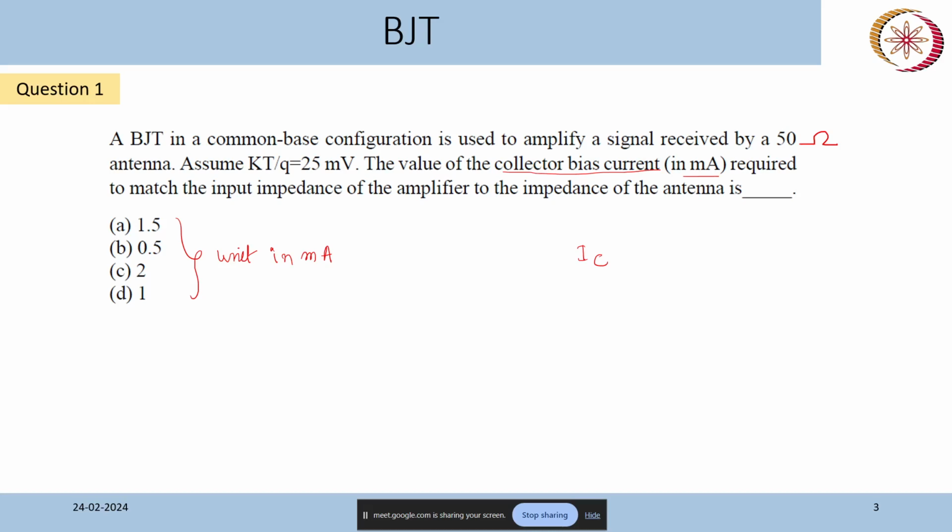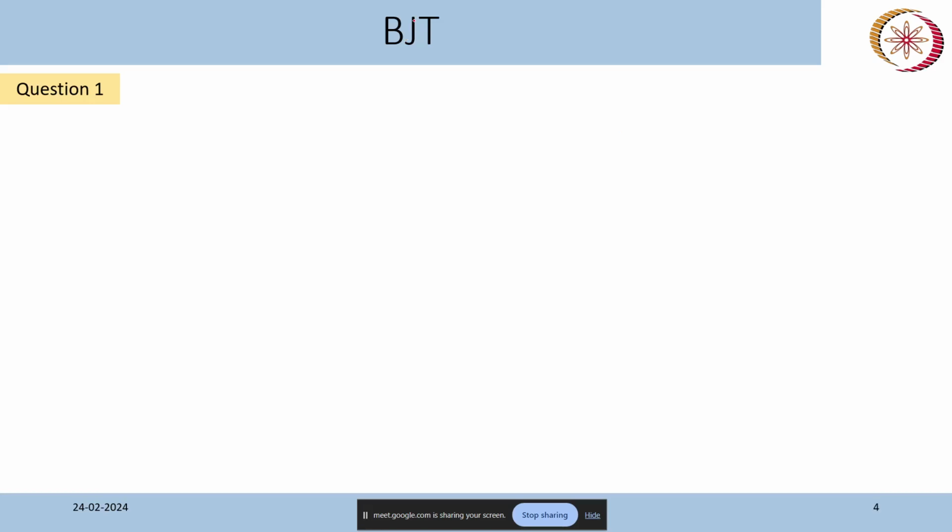So first it is given that it is in common base configuration.